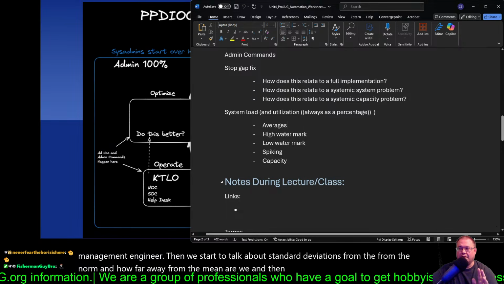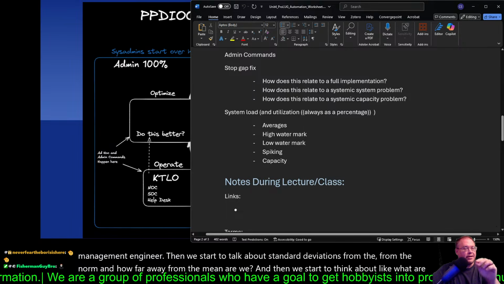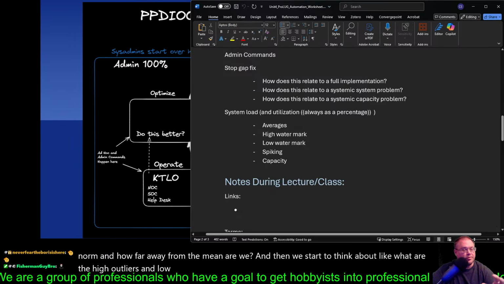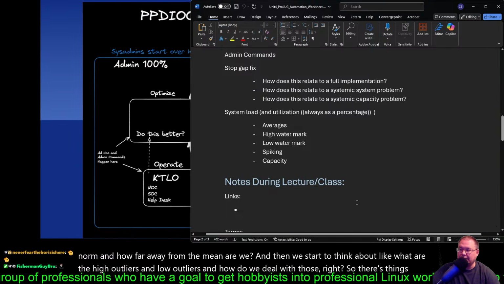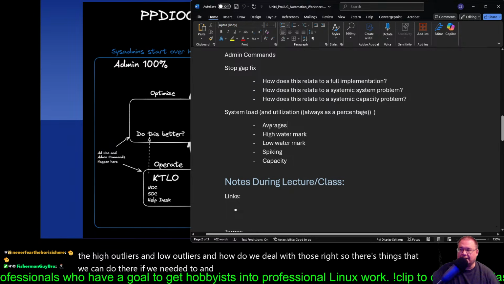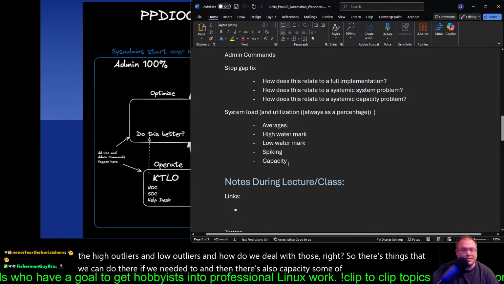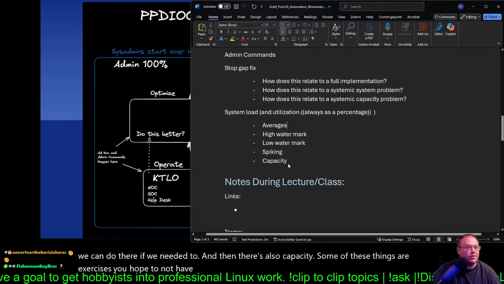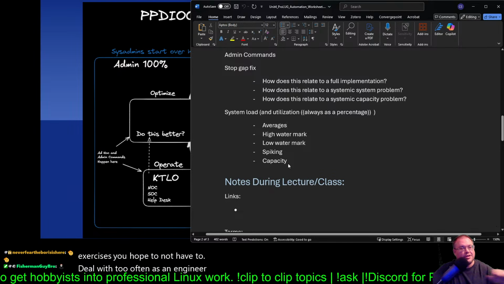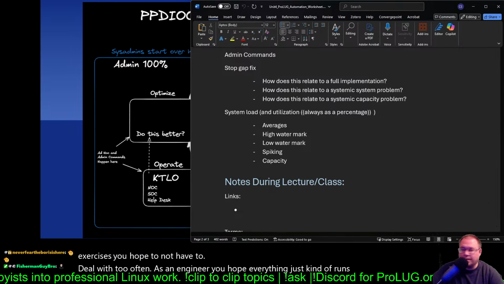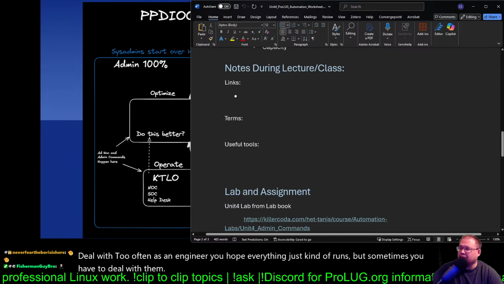We start to think about the high outliers and low outliers and how we deal with those. So there are things we can do there if we needed to. And then there's also capacity. Some of these things are exercises you hope to not have to deal with too often as an engineer. You hope everything just kind of runs, but sometimes you have to deal with them. All right, outside the scope of this.